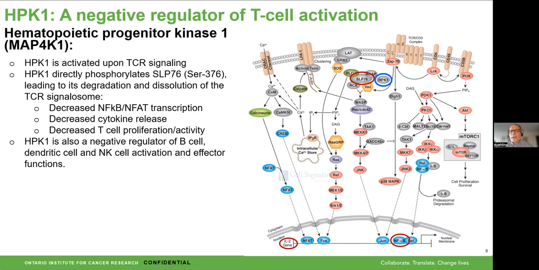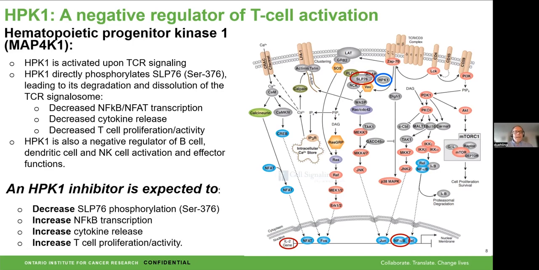In particular, it affects SLP76, which is one of the signaling partners along that cascade, and causes degradation. So essentially HPK1 knocks down the stimulation of the immune system, and it is thought that if you take an HPK1 inhibitor, you're going to decrease the phosphorylation of SLP76, which is the way it transduces the signal, and increase transcription and release of various cytokines, which will then lead to stimulation of the immune system.